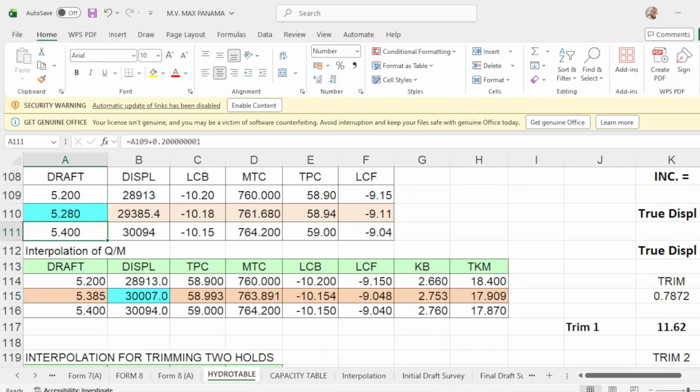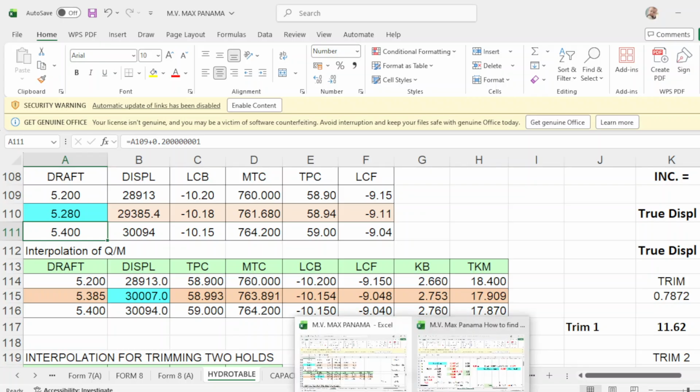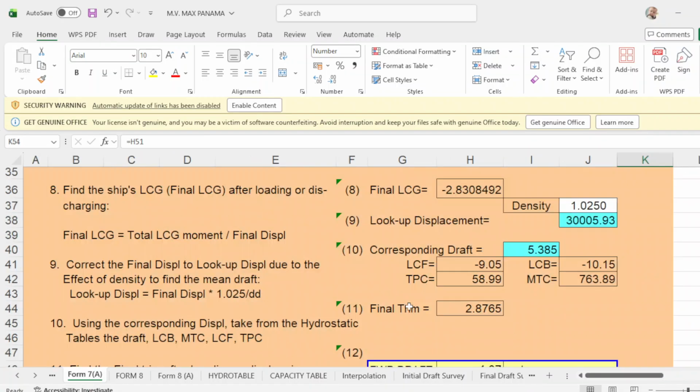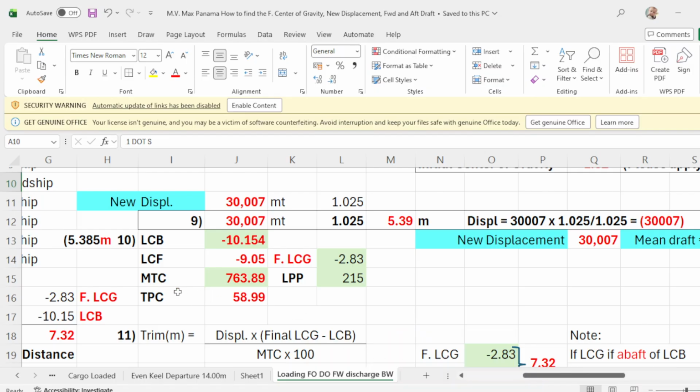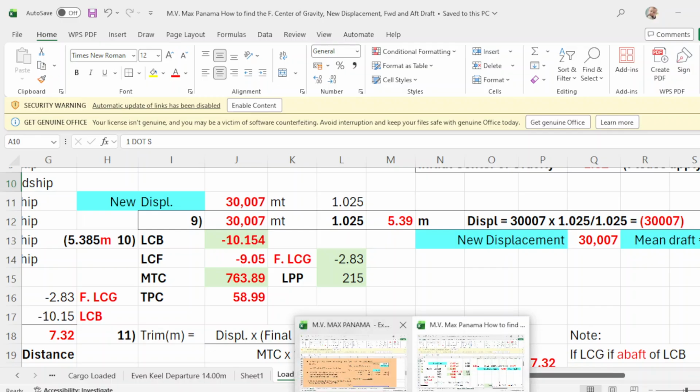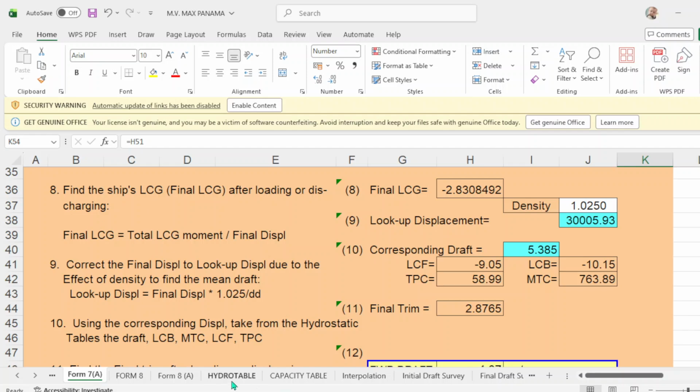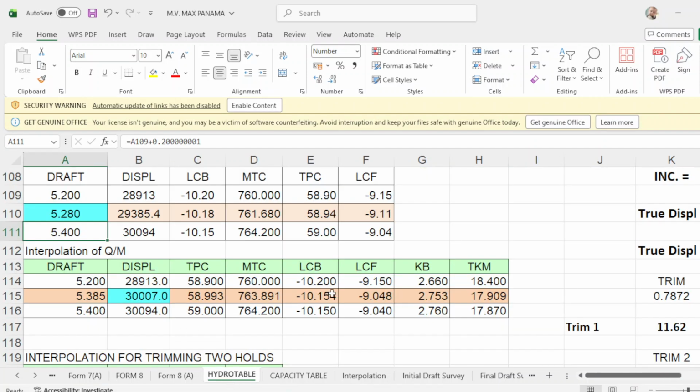MTC is the next. LCB is negative 10.15, negative 10.15. LCB is negative 10.154, and the hydrostatic table says negative 10.15.